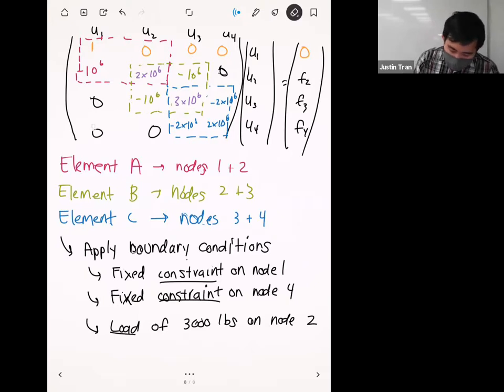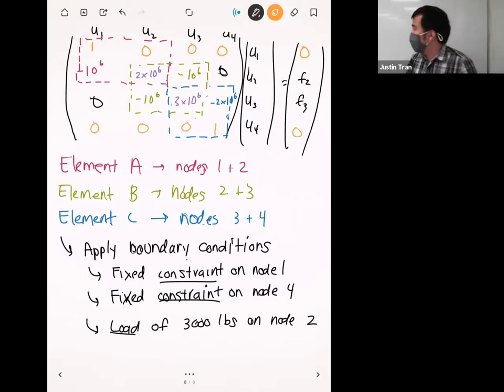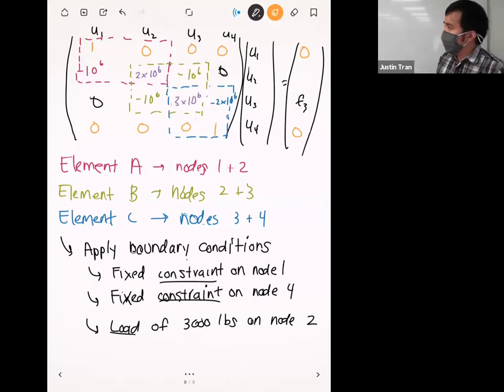And then we're going to do the same thing for node 4. And so node 4, we're going to have 0, 0, 0, 1, and then a 0 on the right-hand side. And so those are our constraint boundary conditions on the two ends of our truss.